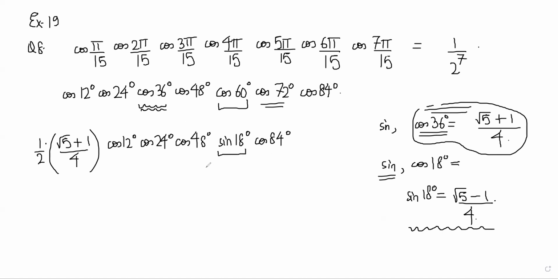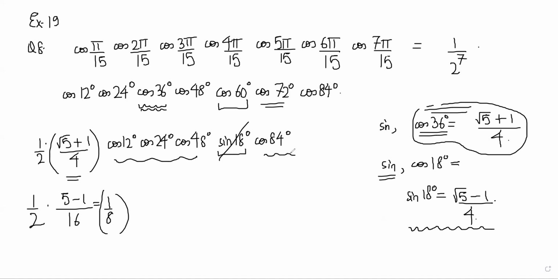But sine 18 I know, which is root 5 minus 1 by 4. So if you put that here, it will multiply with this and become 5 minus 1 by 16, right? Yes. And there is a half outside also. So this is 4 by 16, so 1 by 4 and 1 by 8, basically. Now you have cos 12, 24, 48, 84.